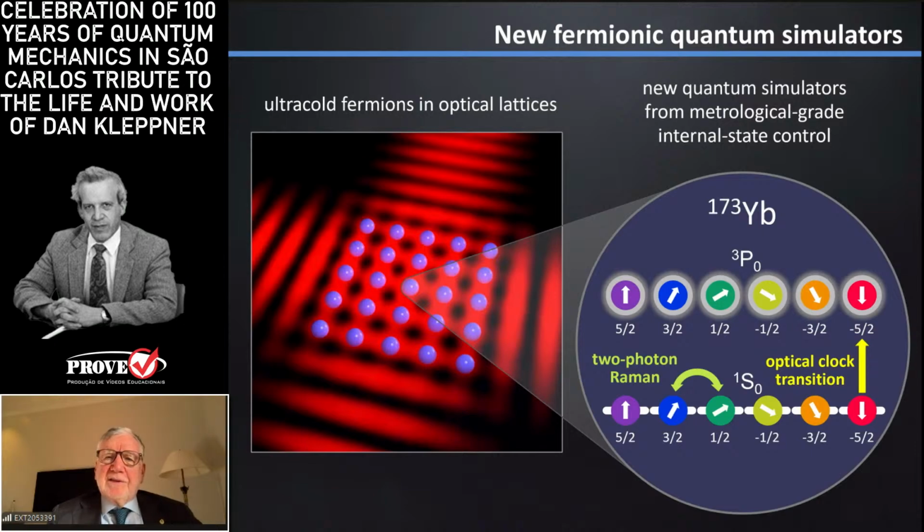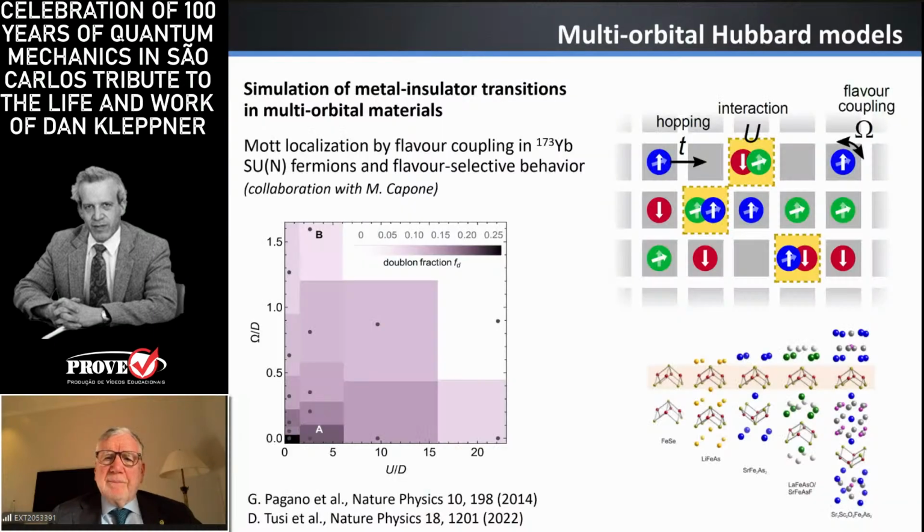For instance, in the isotope 173, which is also a fermion, you can play with six different spin states, and you can go from one spin to the other using Raman excitation with two photons from a laser.